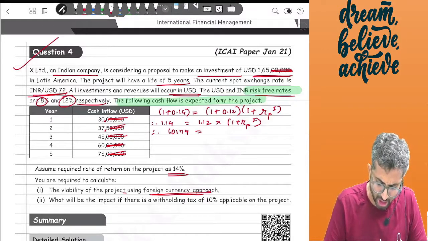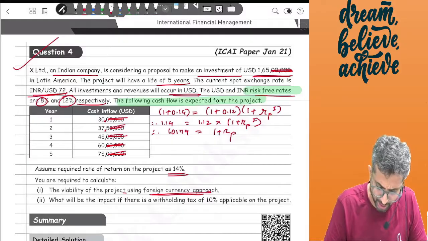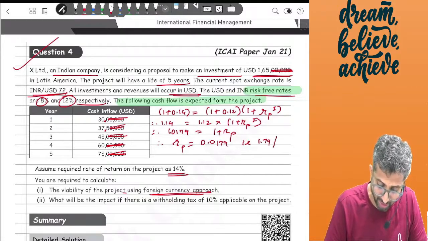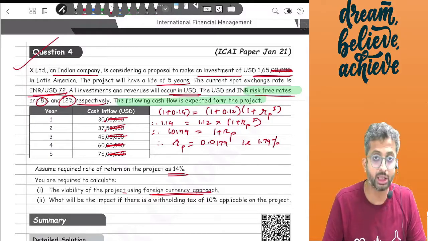equals 1 plus RP. Therefore, RP equals, if you take this on the other side, 0.0179, that is 1.79% approximately. Now, this is the risk premium which will be assumed to be the same across the world.